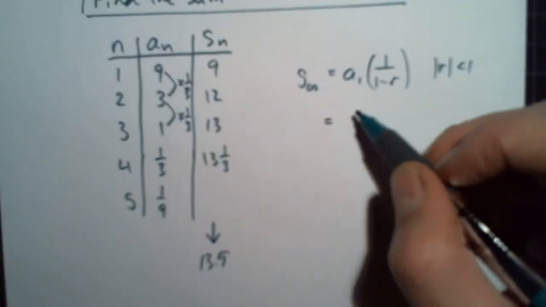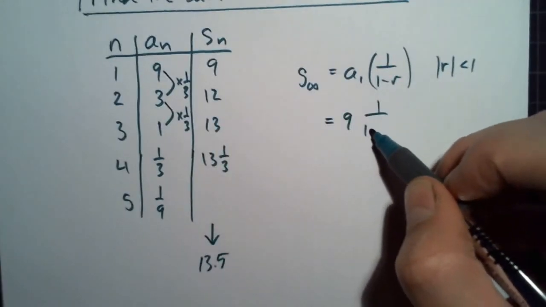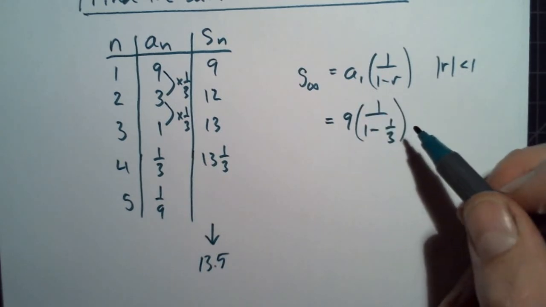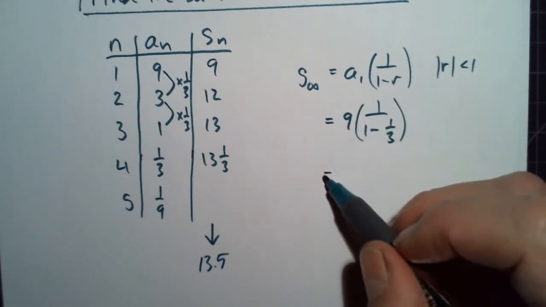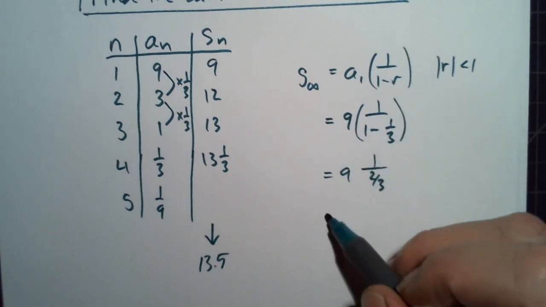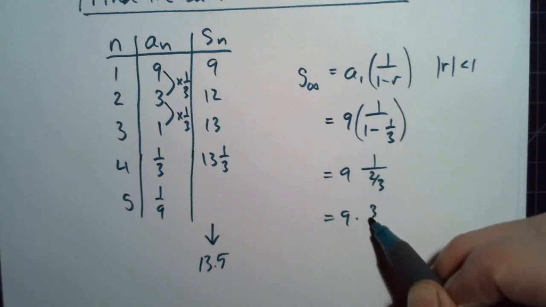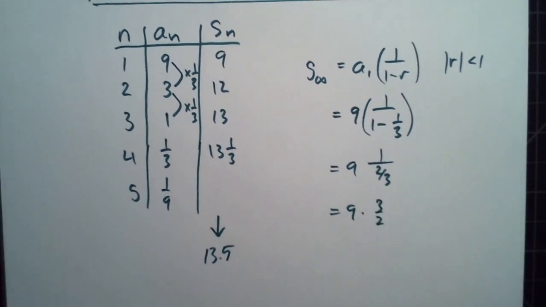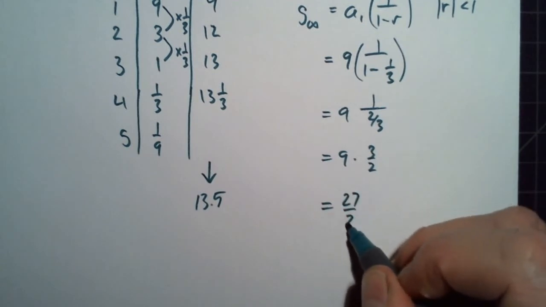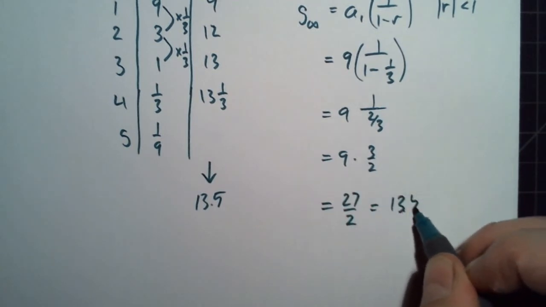The first term is 9. One minus 1/3 is 2/3. And that gives us 27 over 2, which is 13.5.